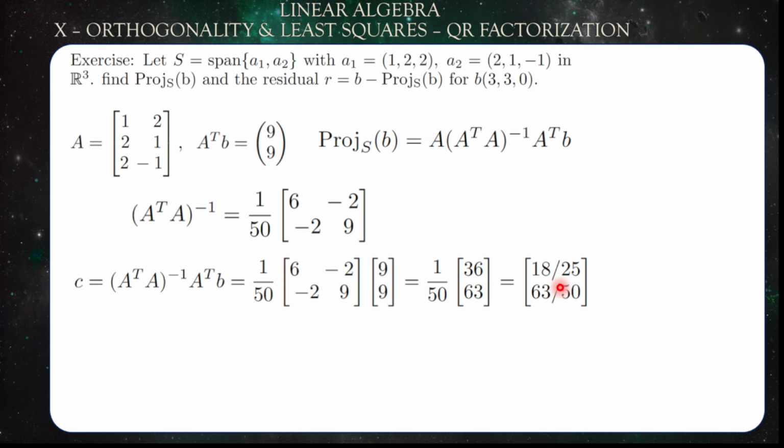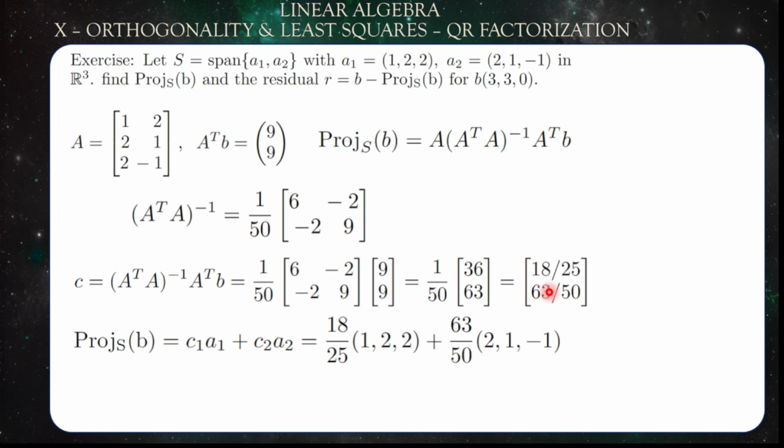We multiply them and you get 18 divided by 25 and 63 divided by 50. Then we still need to multiply by A.